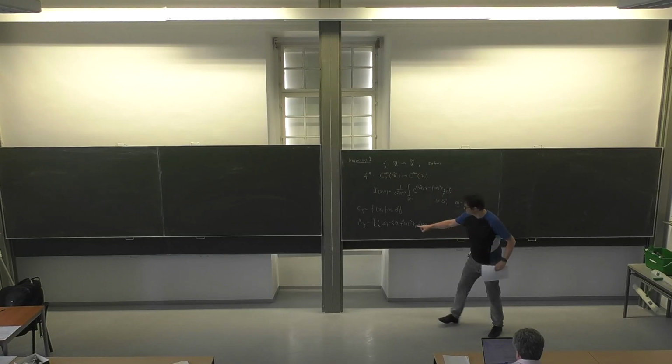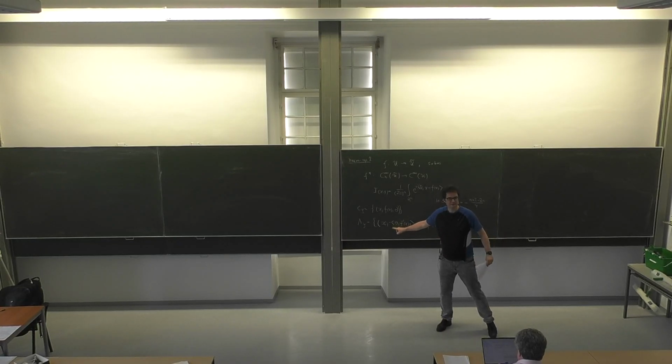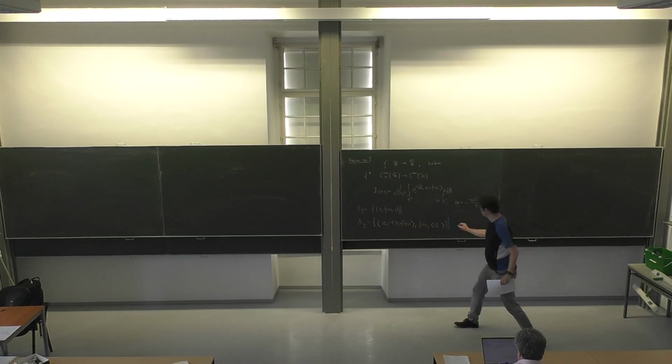And now you can see where the transpose comes in. So if you have to put it over there, that's the adjoint map, so to say. So that's equal to x comma psi comma f of x comma.